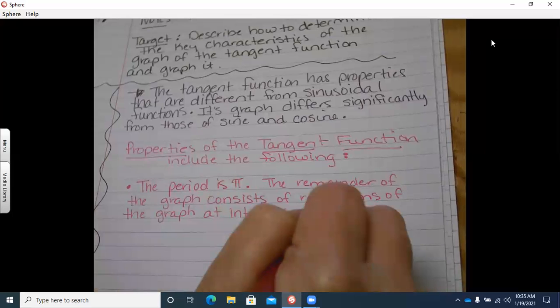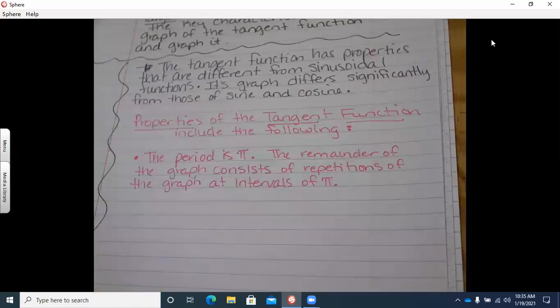Just like sine and cosine, we usually graph over one period unless they specify otherwise, and then we know it just continues on to x is positive infinity and x is negative infinity, just the same graph repeating itself over and over, right? Well, same with tangent, but the period is pi, and then the repetition repeats itself at every interval of pi.